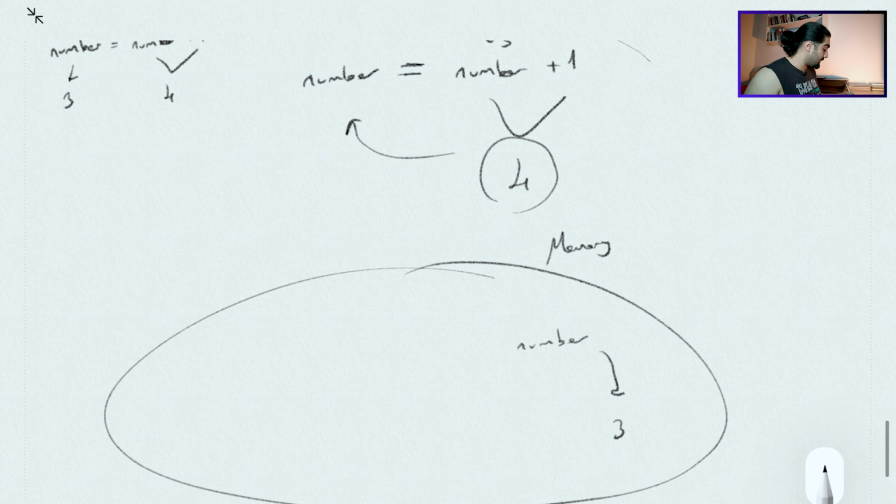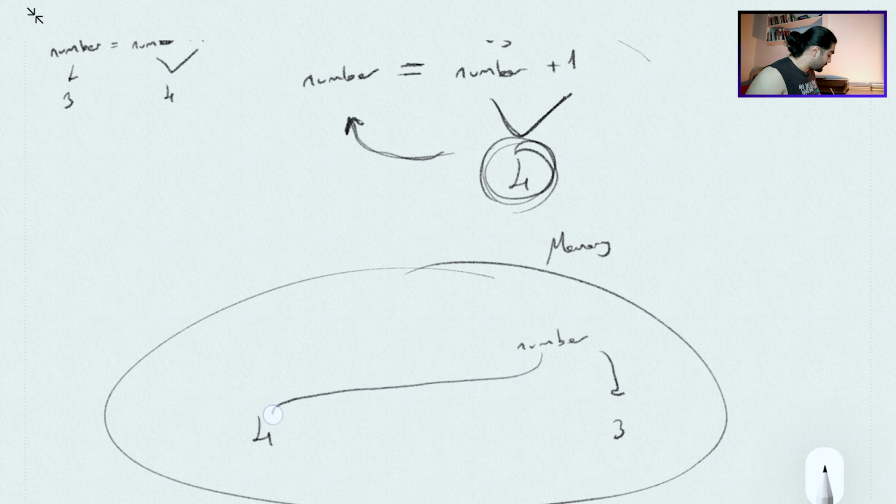Here, when I do this, I get the result of 4. Python allocates some memory for this 4, in some part of memory, it doesn't really matter. Then Python makes number a reference to this value 4. So here our number is going to be a reference for 4, and it's not going to be a reference for 3.